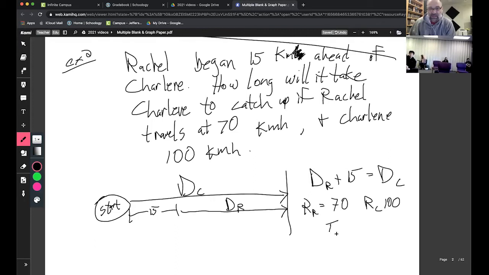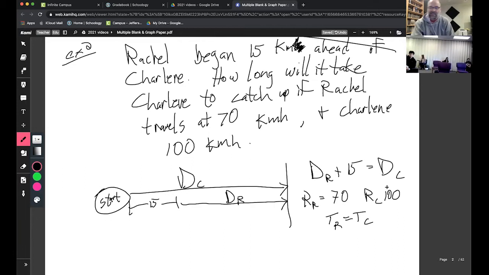So you can keep a subscript if you want, or you can just say, well, TR equals TC, or just say T, because since their times are the same, then you only have one time you're worrying about. You don't have to subscript it. Okay, so let's replace this with R's and T's. So RR TR plus 15 equals RC TC.